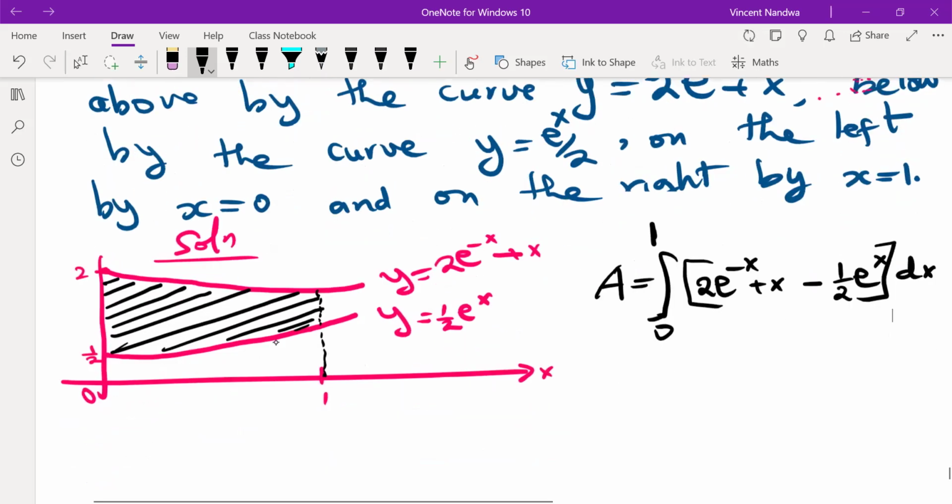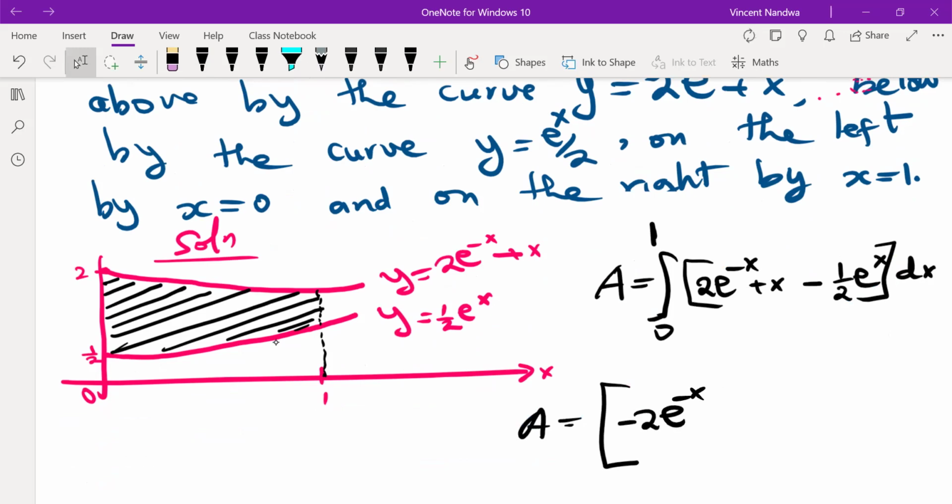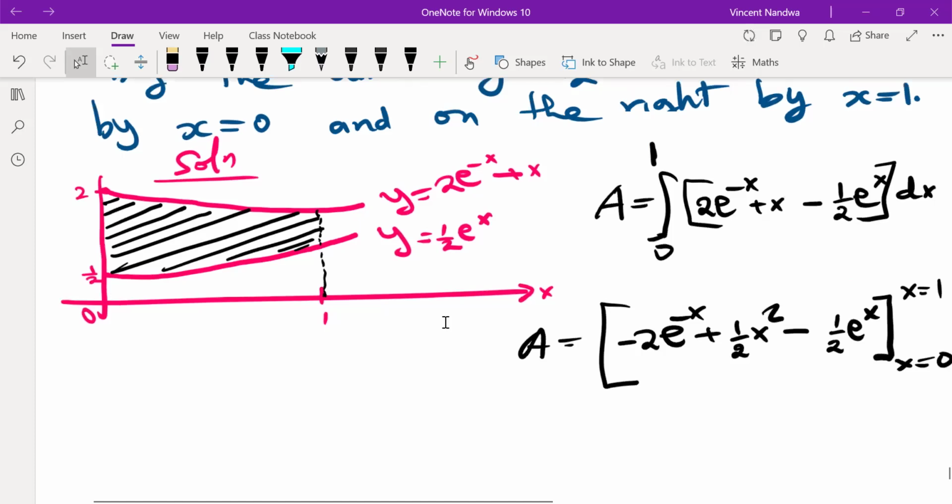Then using the substitution method, the area is minus 2e^(-x) plus a half x squared minus a half e^x, then you supply limits from x equals 0 to x equals 1.